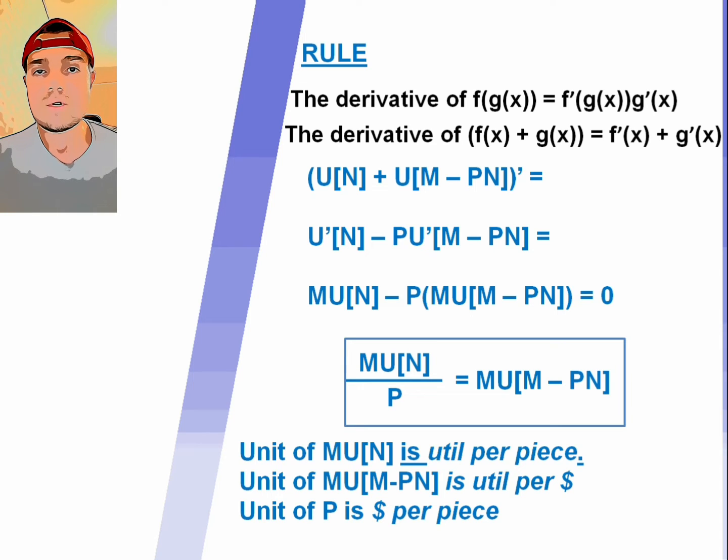You should take into account the unit of measures for marginal utility of N and for marginal utility of cash balance. It is easy to compute the demand price as a ratio between marginal utility of the quantity consumed and the marginal utility of money saved.